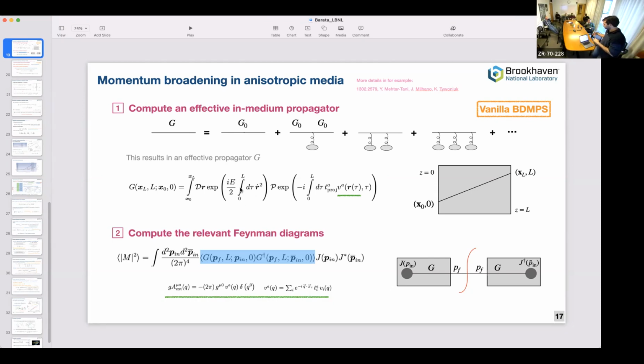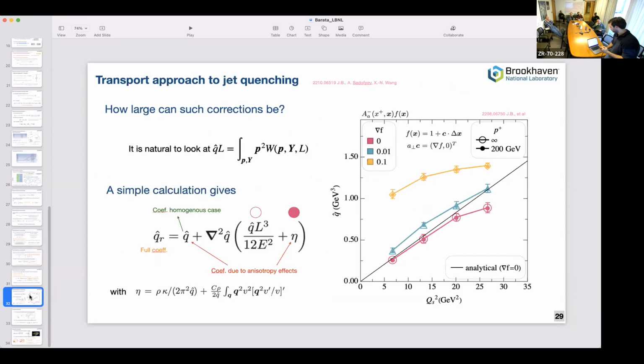If you wanted to do a full calculation and go to sub-sub-eikonal accuracy formally, what you should do is first generalize this propagator to be accurate at sub-sub-eikonal accuracy, which is not the case here. It would be a complicated object. Then you should redo all of this calculation using this object, which is very hard. The point is that this term is special in the sense that it's sub-sub-eikonal, but it's also coupling to the second-order gradient term.